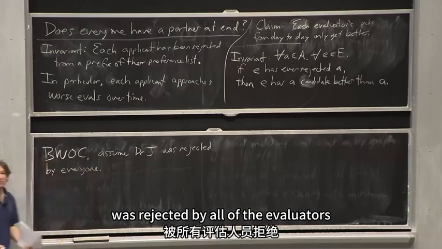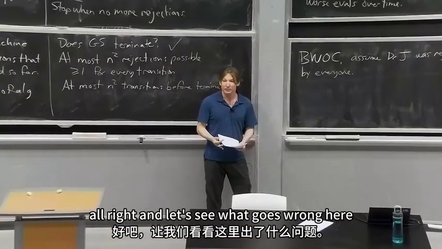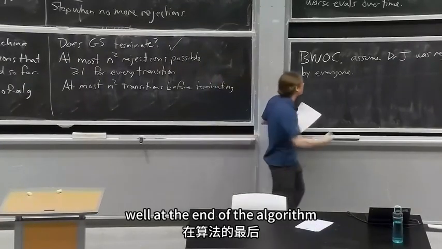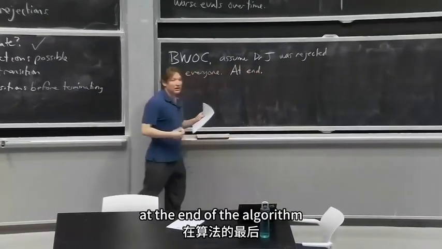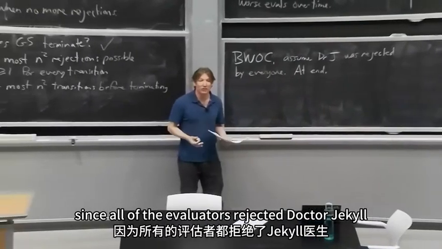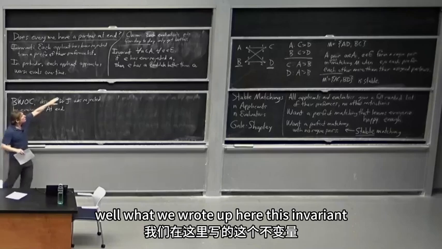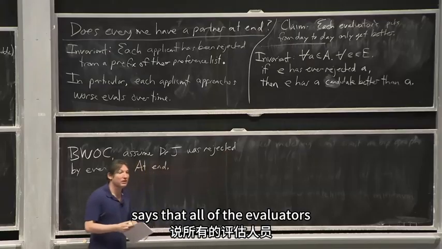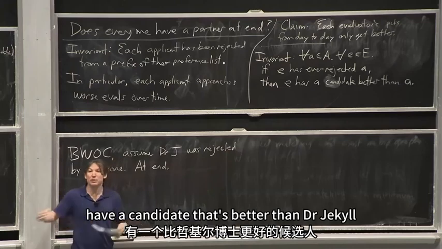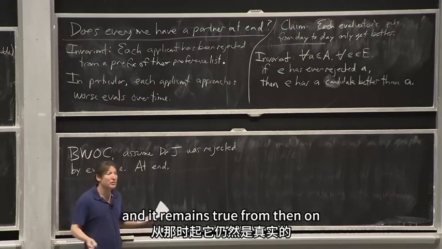Was rejected by all of the evaluators. All right, and let's see what goes wrong here. Well, at the end of the algorithm, since all of the evaluators rejected Dr. Jekyll, well, what we wrote up here, this invariant, says that all of the evaluators have a candidate that's better than Dr. Jekyll. It was true when they rejected Dr. Jekyll, and it remains true from then on.